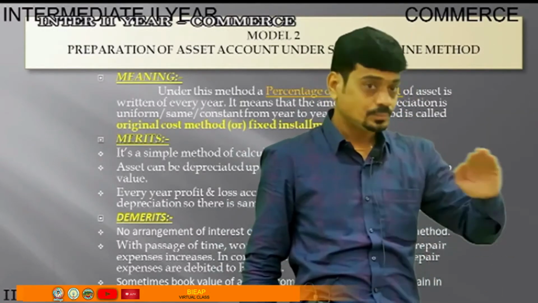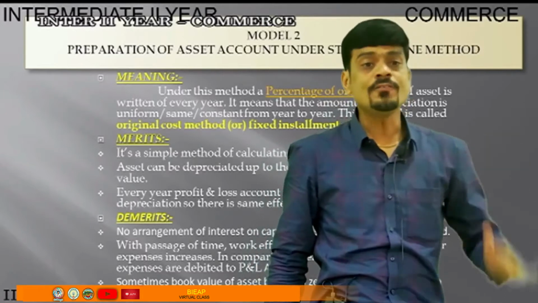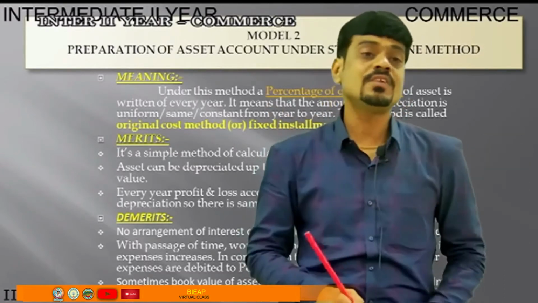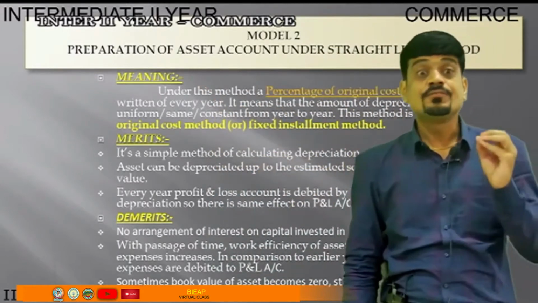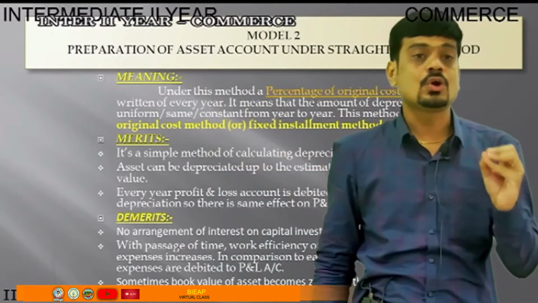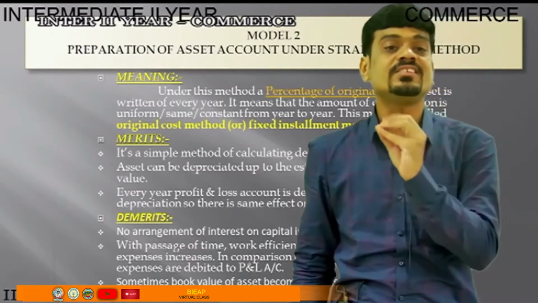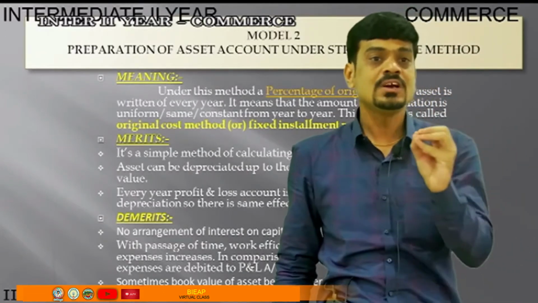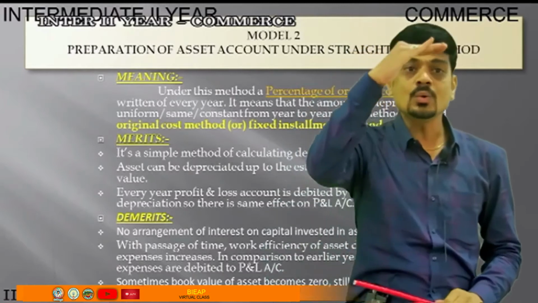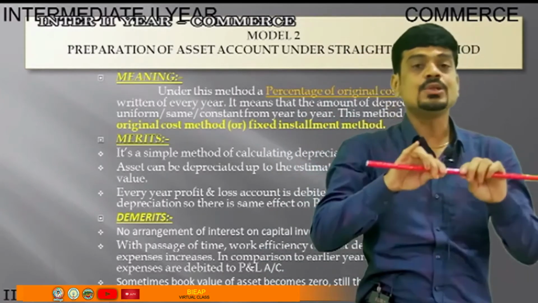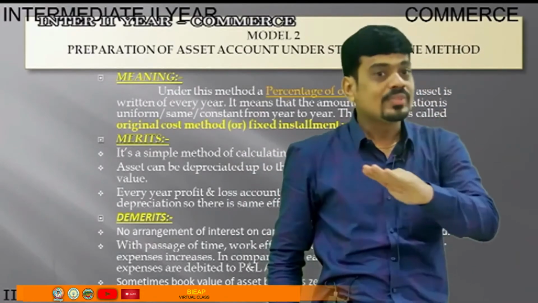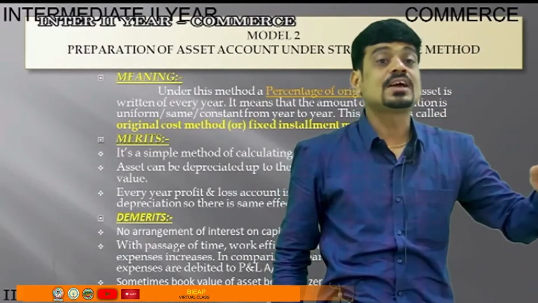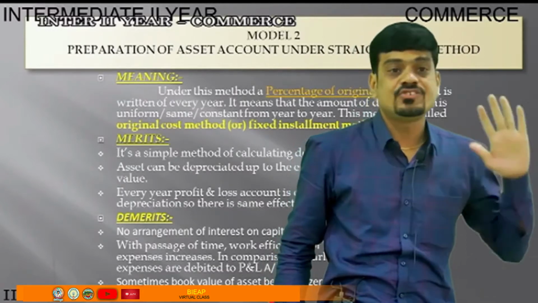No need to change the amount of depreciation. So which convention are we going to follow? Here in the third advantage, we follow the accounting convention called the convention of consistency. Throughout the life of the asset, one uniform amount of depreciation is charged, thereby there is compliance with the consistency convention.